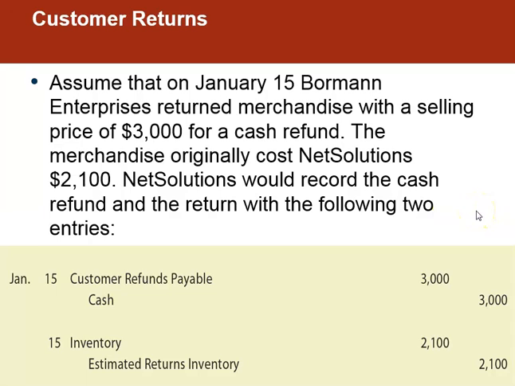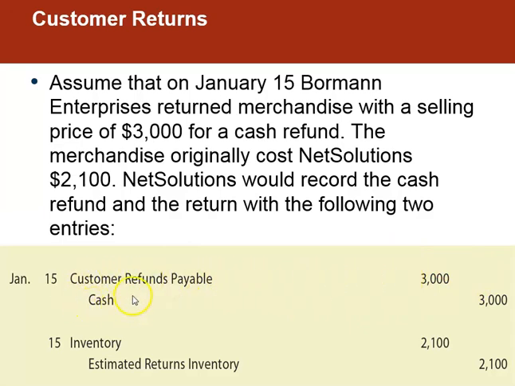Let's think about what's going on here. Borman returns the merchandise, which they paid $3,000 for. Net Solutions is like a middleman. They paid $2,100 for that. So the first thing that we have to do is reduce our liability, our customer refunds payable that we set up, by the $3,000 that we received.